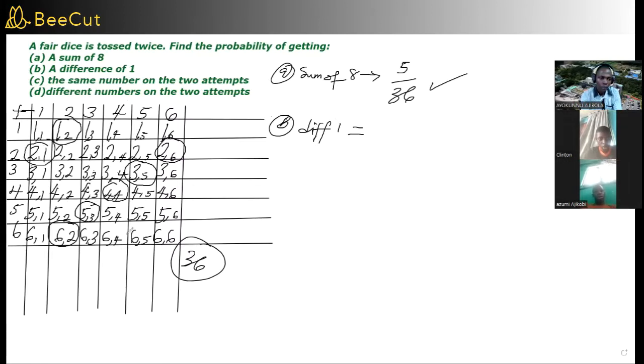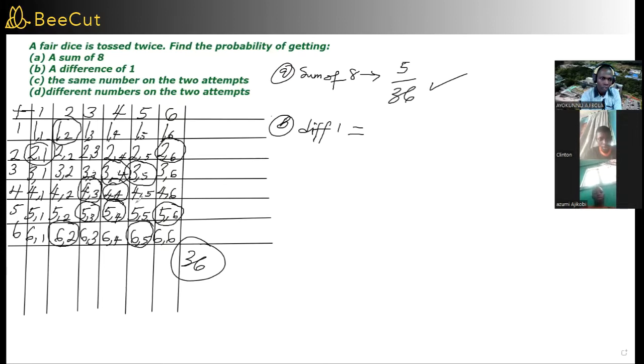Which other one can we subtract to give us 1? 4 and 3. 5 and 6 will give us 1. Then 4 and 3, 3 and 4. Which other one? 5 and 4.